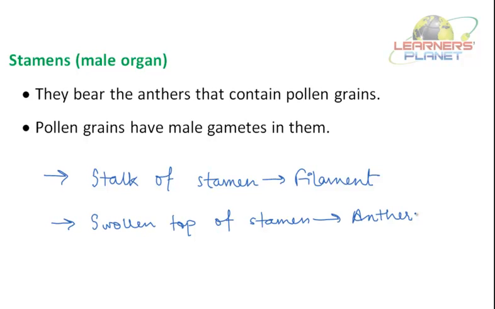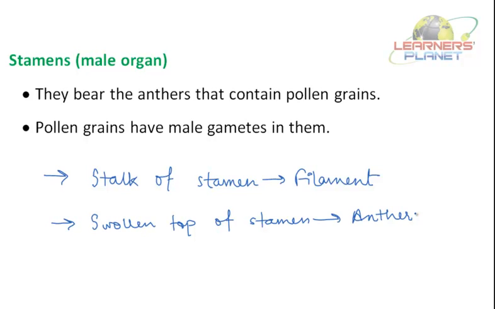The pollen grains appear to be a yellow powder-like substance to us, and they contain the male gametes or the male sex cells of the plant. So it is clear from this that the male gametes of a plant are made in the anther of the stamen, in the swollen top of the stamen.